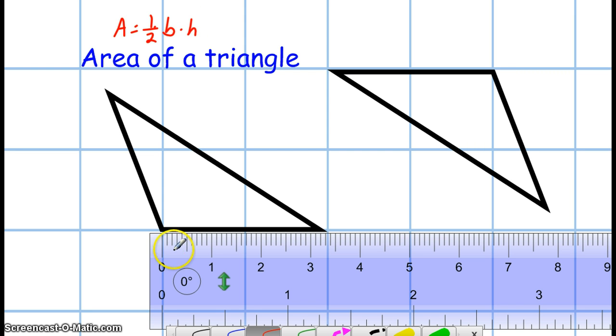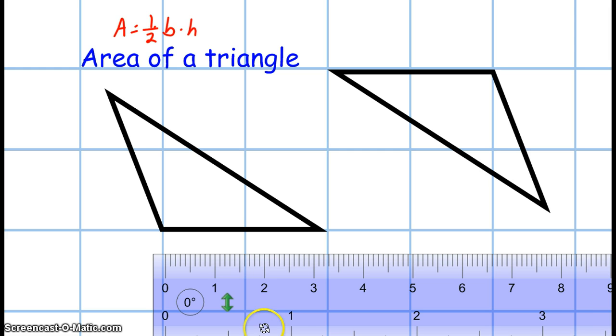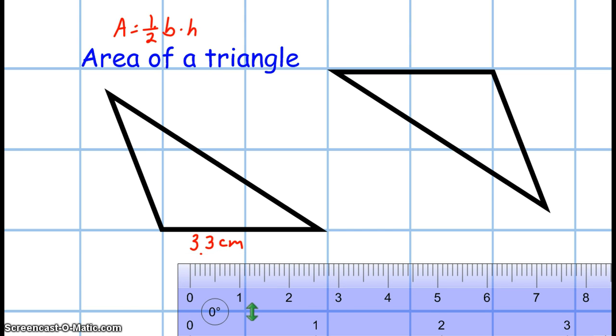The ruler is conveniently located at the base, and in this instance it is 3.3 centimeters. So we'll go ahead and write that down. It is 3.3 centimeters. Okay, now the height. The height is a little bit more difficult to determine here.